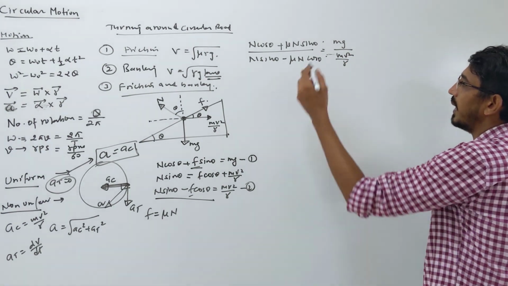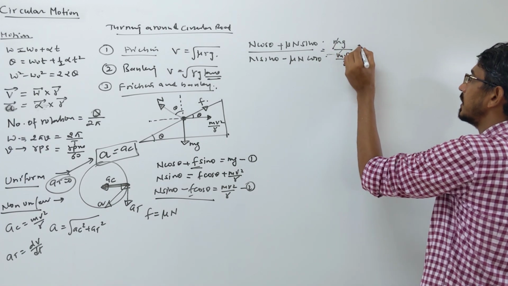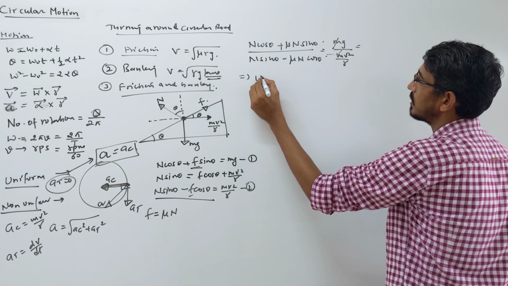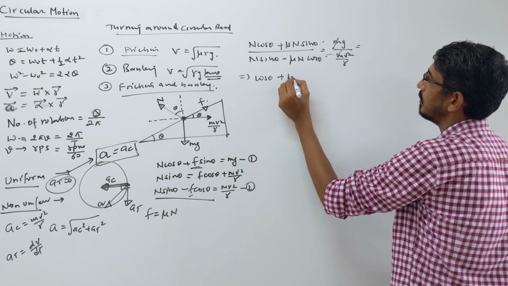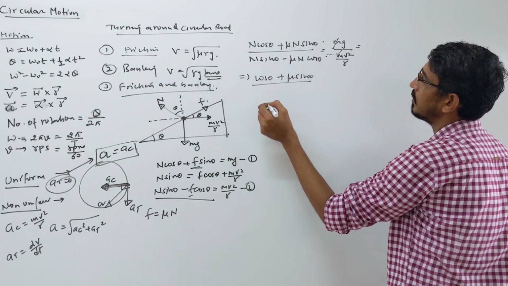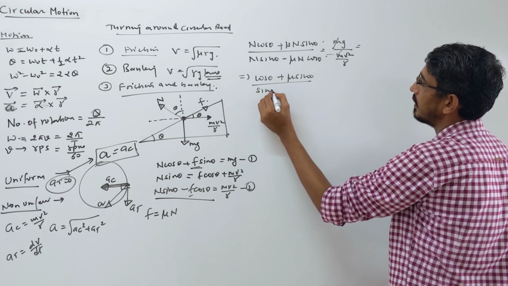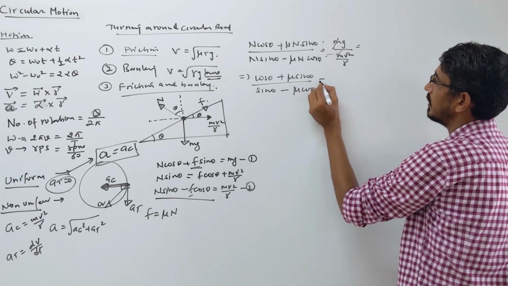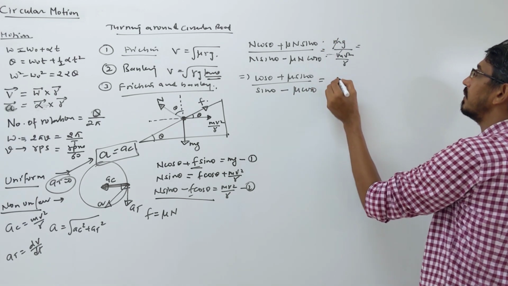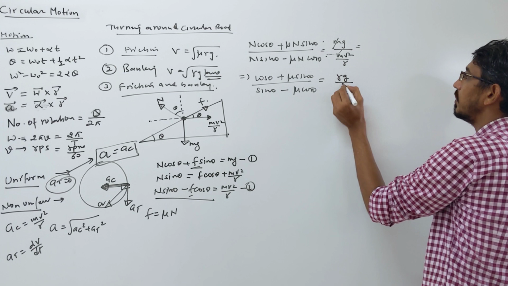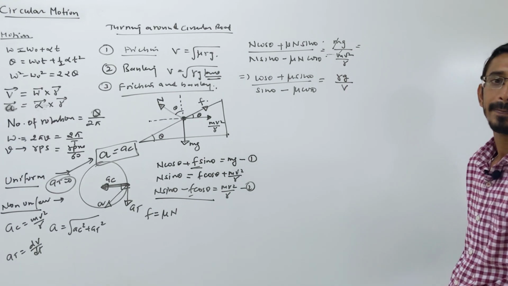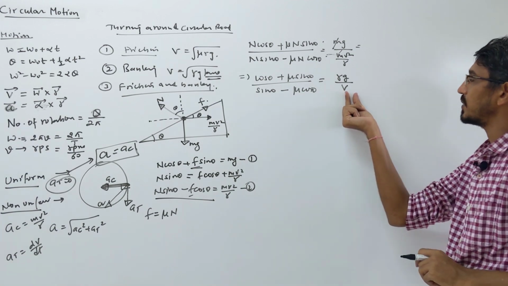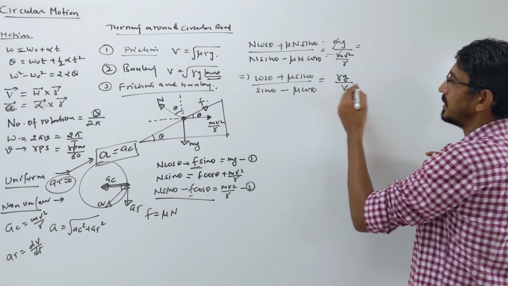So what you did here, you took N common and calculated these things. N gets cancelled everywhere, so you get cos theta plus mu sin theta upon sin theta minus mu cos theta, which is equal to rg upon v square. Now we have to calculate the safe velocity, so rearrange this.